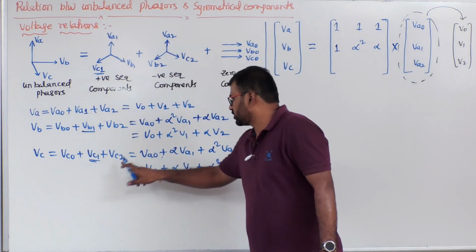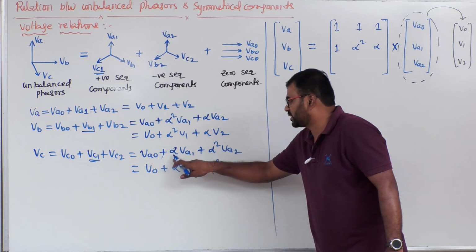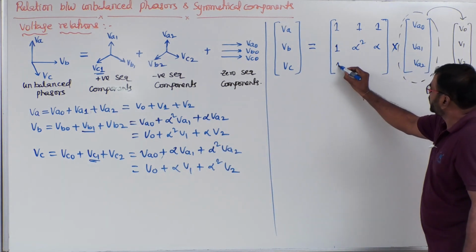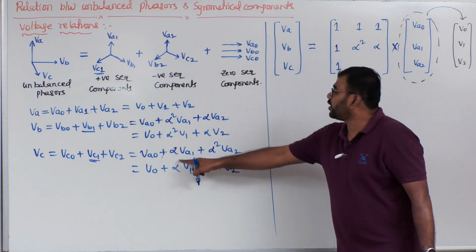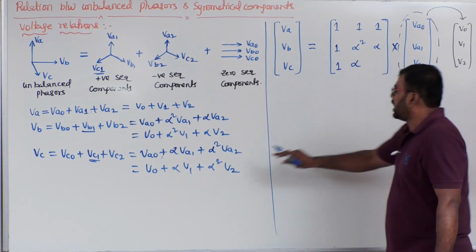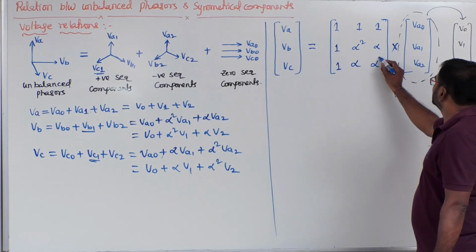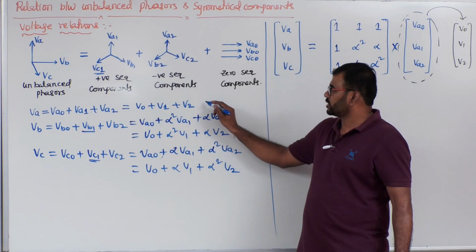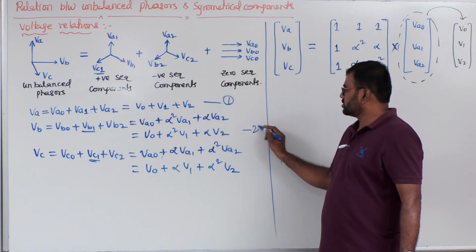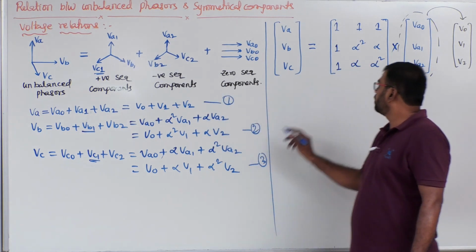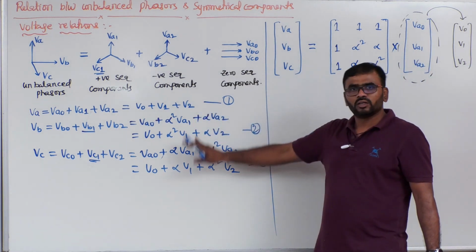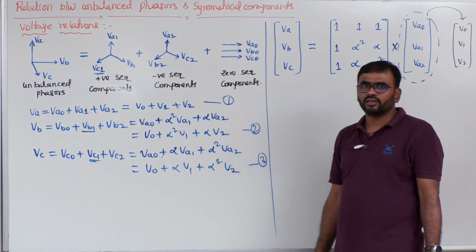VC0 plus VC1 plus VC2, that is VA0 plus alpha times VA1 plus alpha square times VA2. So 1, alpha, alpha square. So we wrote these 3 equations using matrix form. Again if you solve this matrix, we get these 3 equations only. Clear?